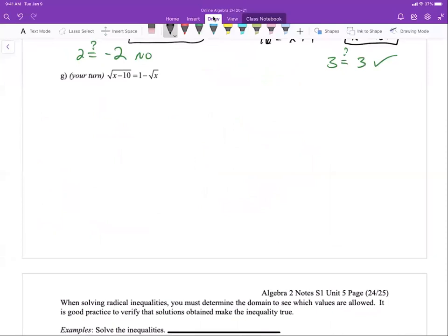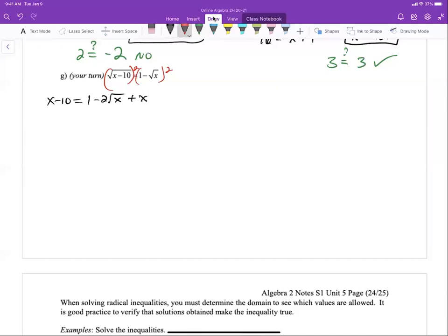Welcome back. We're going to square both sides of the equation, and I get x minus 10 is equal to, we will FOIL: first, inner, so negative 2 times the square root of x, and then last, positive x.